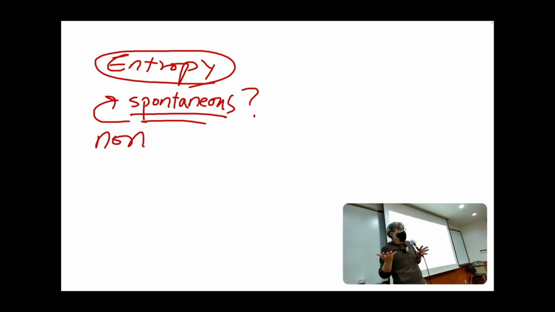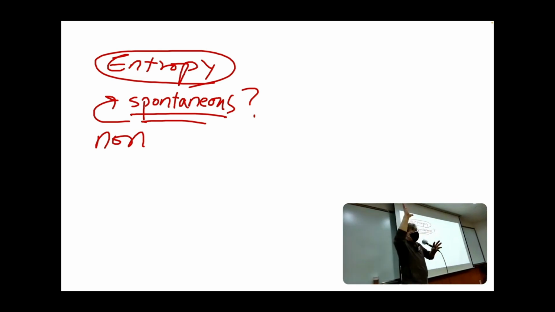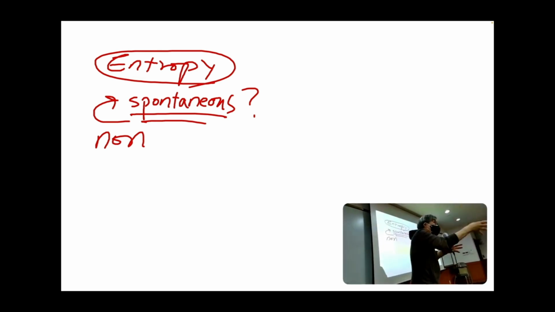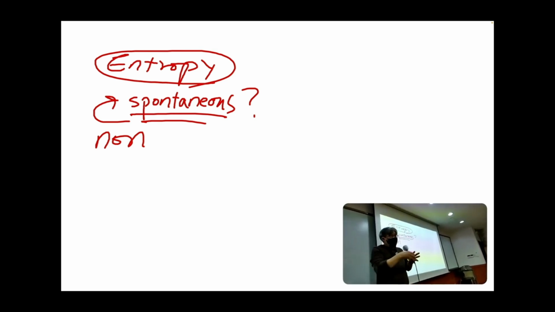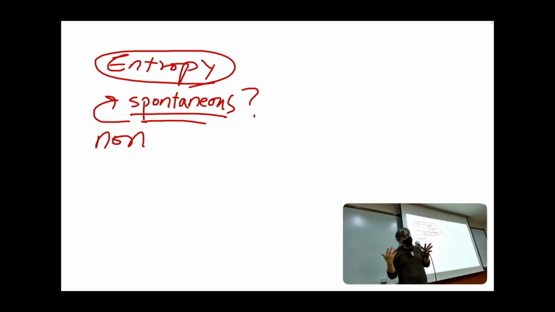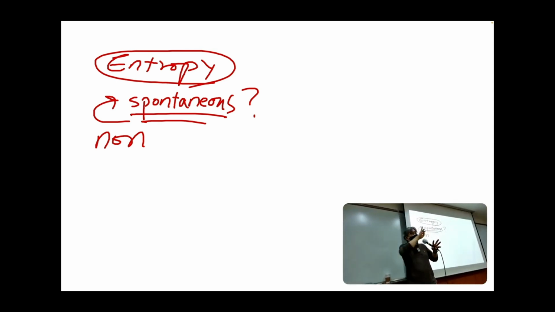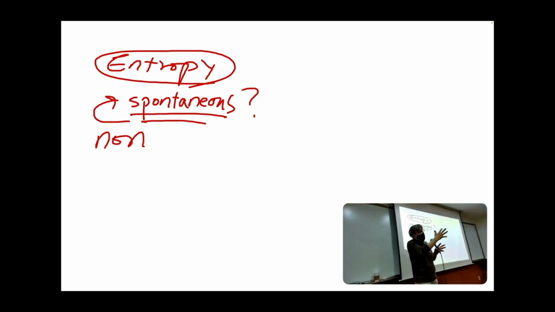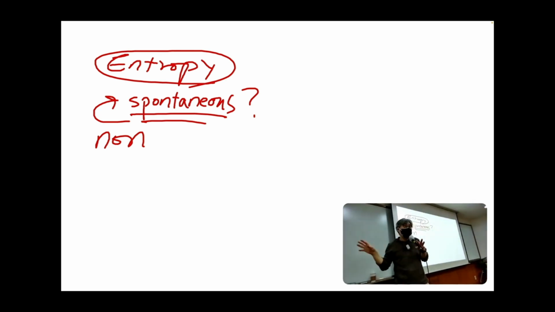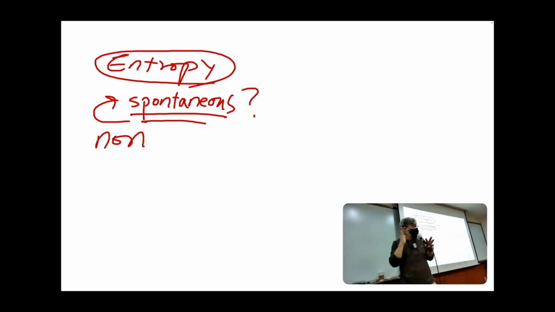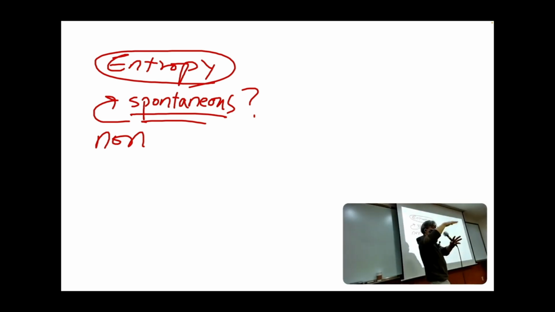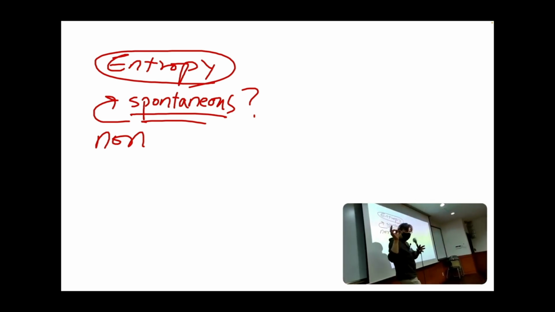No, it is not. That means the universe does not bless you doing this kind of reaction. So in chemical reactions, there are only two different kinds of reaction. One is spontaneous and the other one is non-spontaneous, depending on this status of entropy.